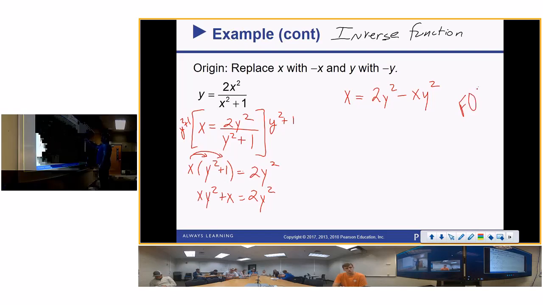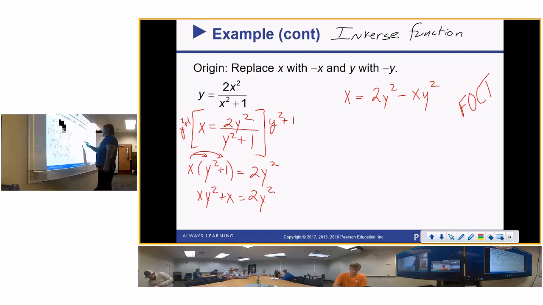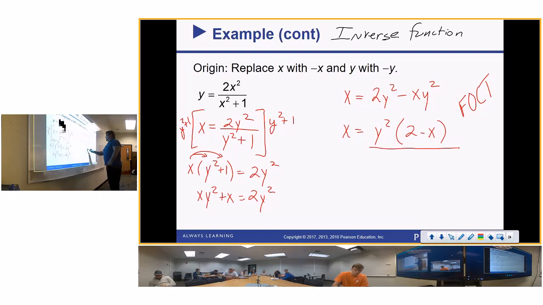Factor out a common term. What's common? Y squared. Now divide by 2 minus x.